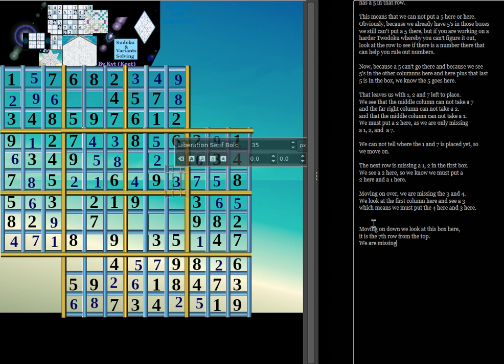We are missing a 4, 7, and 8. Now this box is missing a 4 but has a 7 and 8. This means we must put the 4 here.